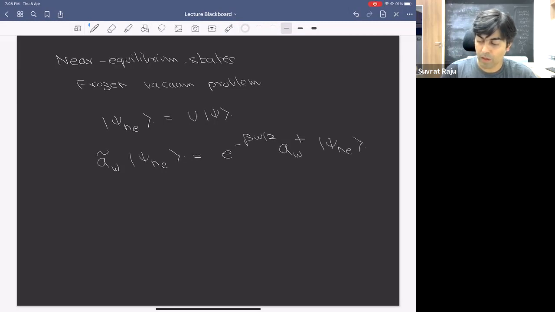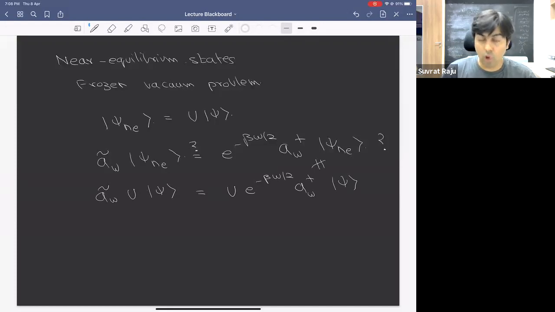This is not a true equation, but let's say somebody did this. Then it's clear that this definition is wrong, because if you use the original definition that you had on top of the equilibrium state, then you would find something different, which is not equal to what we have on top.